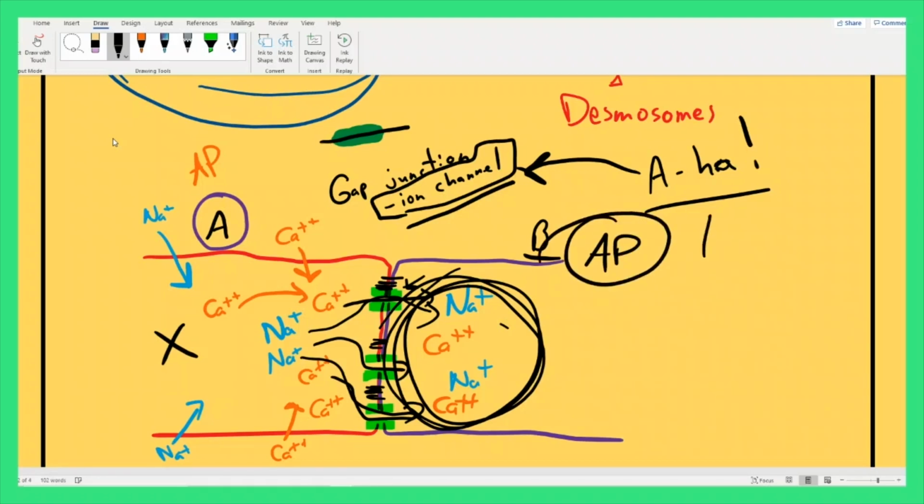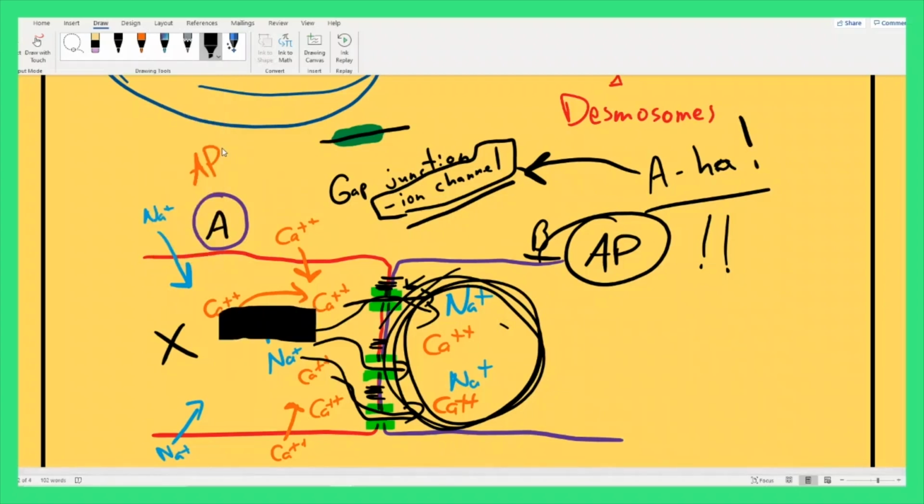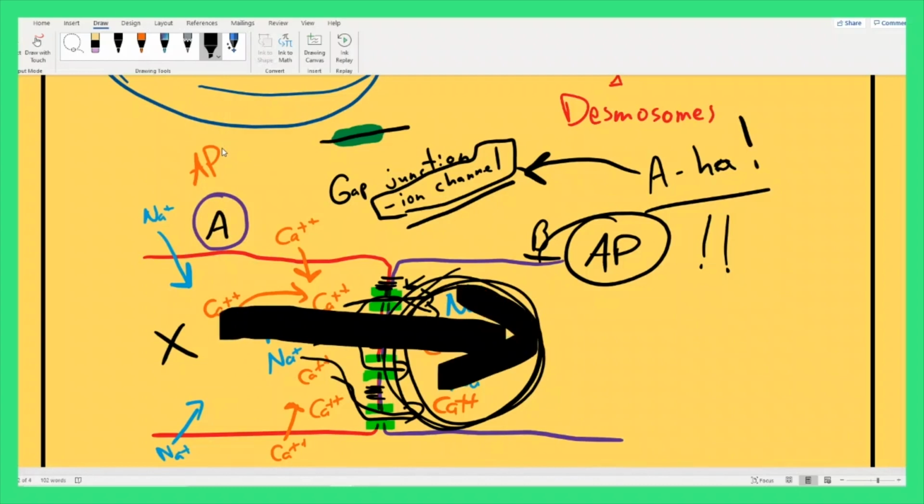This is a big, big deal here. The fact that cell A is experiencing an action potential can then, let me emphasize because it's my picture and I can make a mess out of it all I want, people. Do you understand how cell A having an action potential can make cell B have an action potential? And then cell C have an action potential.